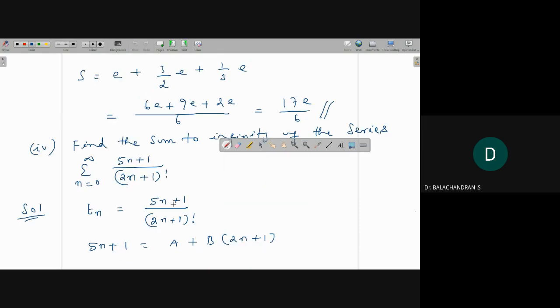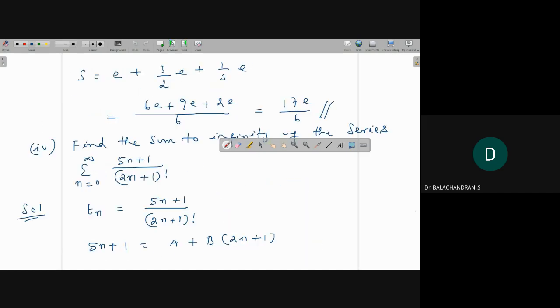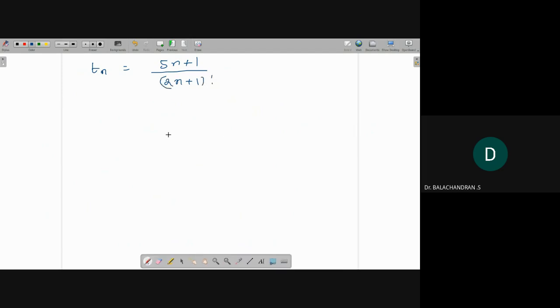So now what is the Tn? I will write Tn, the nth term. The nth term is 5n plus 1 divided by 2n plus 1 factorial. But we know that 5n plus 1 equal to minus 3 by 2 plus 5 by 2 into 2n plus 1, whole divided by 2n plus 1 factorial.